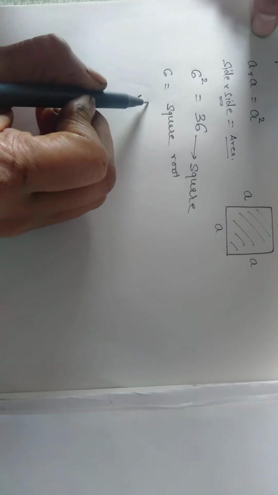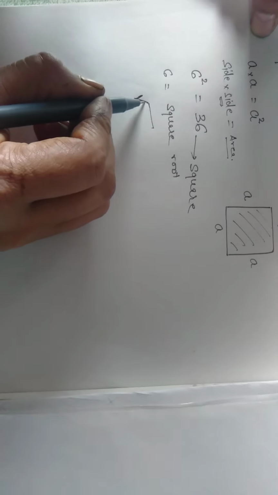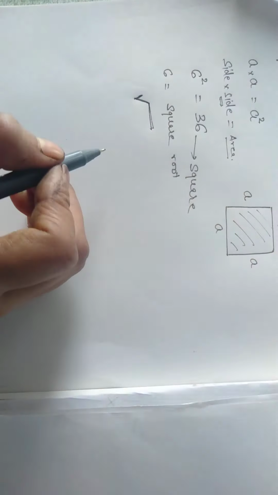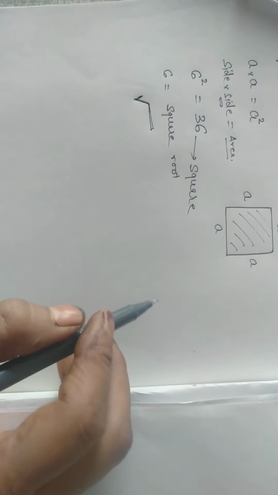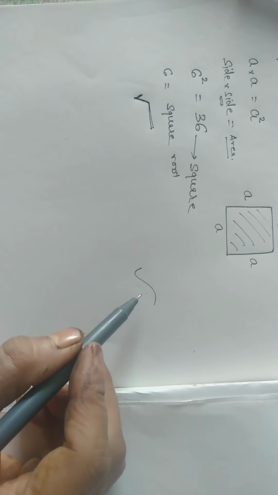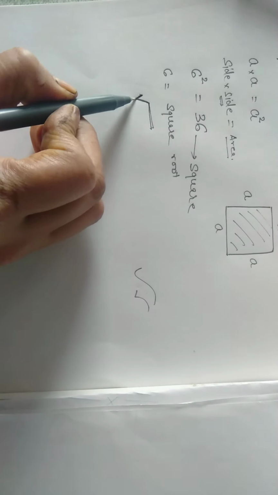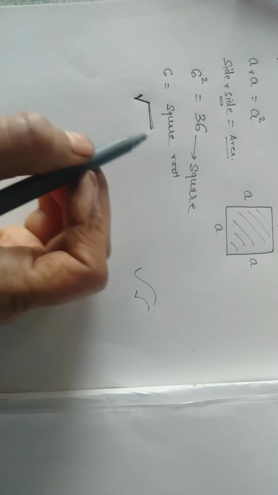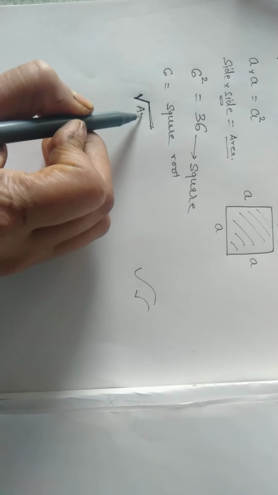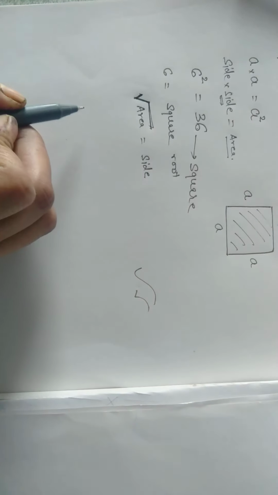The square root symbol is this. We have to make a small tick and then draw it this way. Don't make these other types of signs. The square root sign is this sign. When we write the square root sign, it is written in this way.